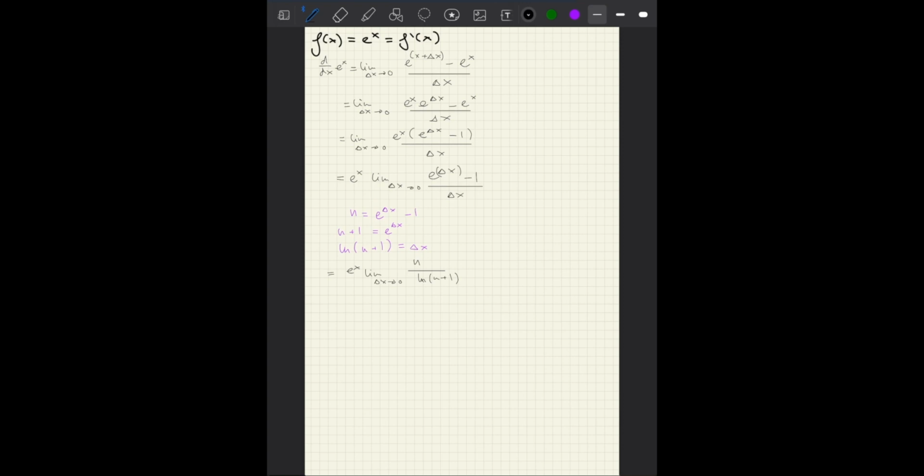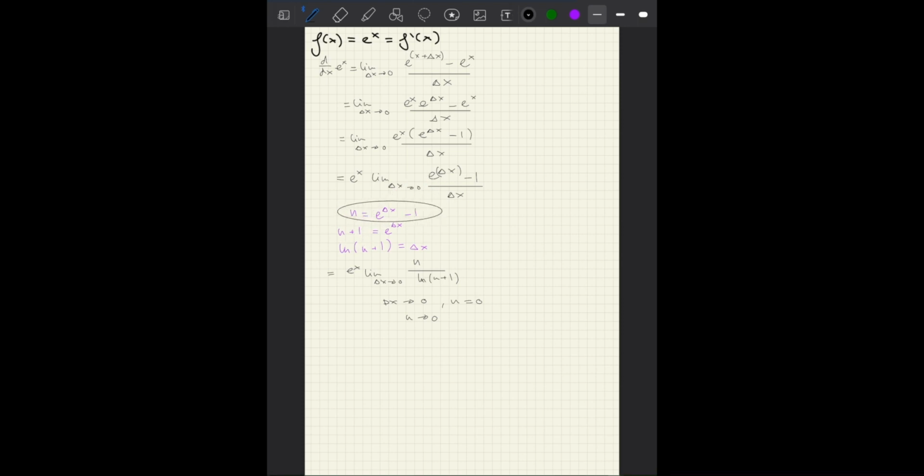And as we look, we can say that as delta x approaches 0, that also means that n equals 0. Right? So we can rewrite this as n approaches 0. This can be seen from this equation right here, by the way, if you're wondering.